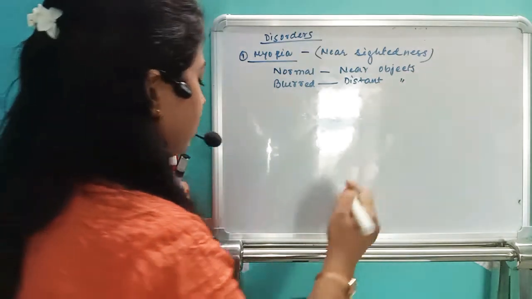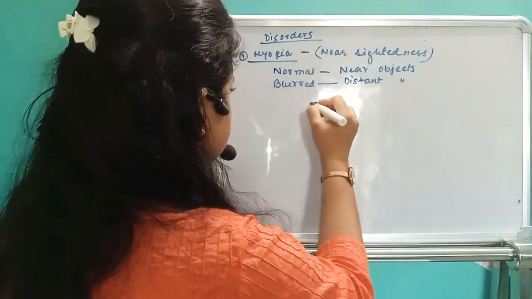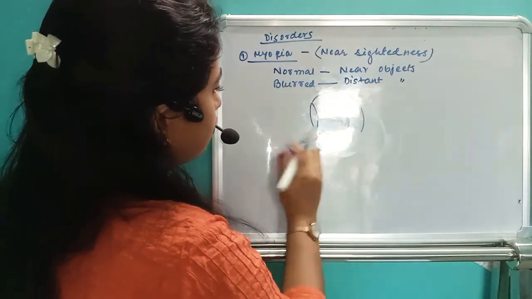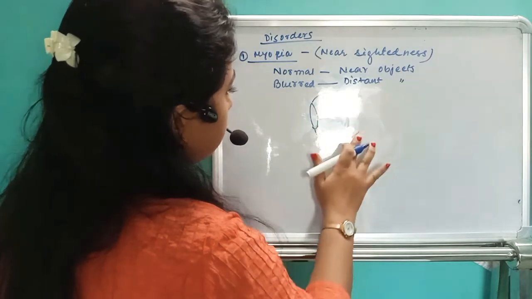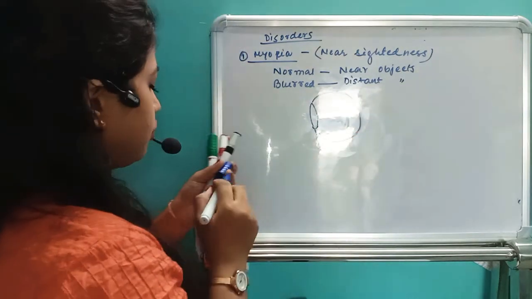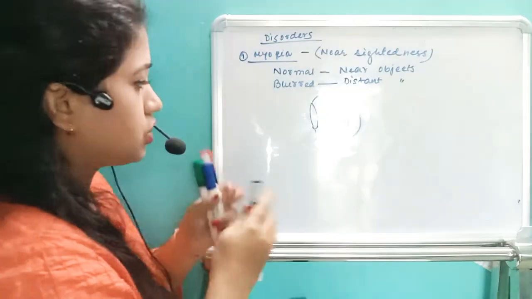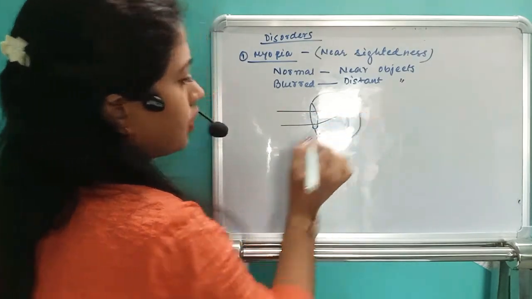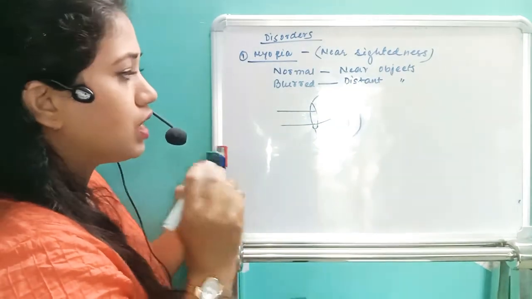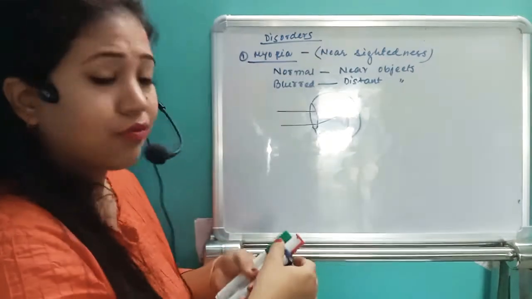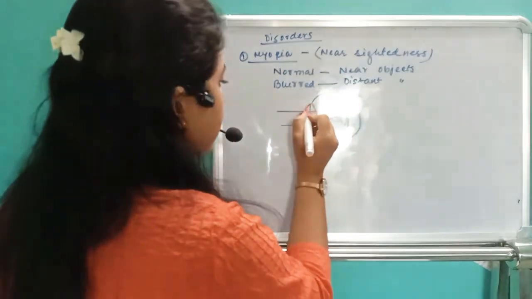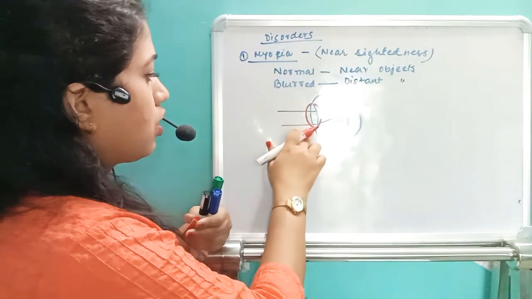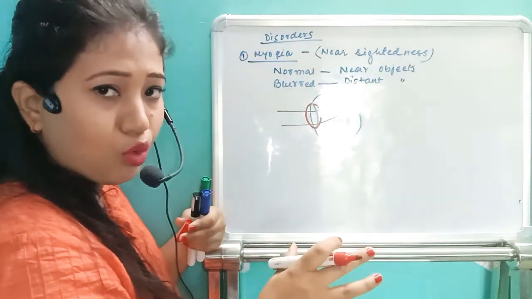So what happens in this condition? Suppose this is the eyeball, and this is the lens. There are two possible conditions. Normally, this is how the light should fall on the fovea. Now when the individual is suffering from myopia, the focal length of this lens can become more and more convex.